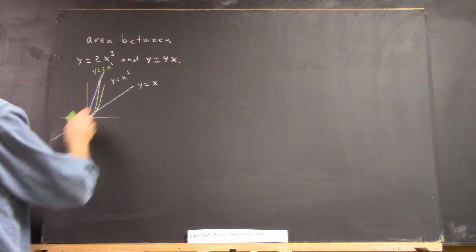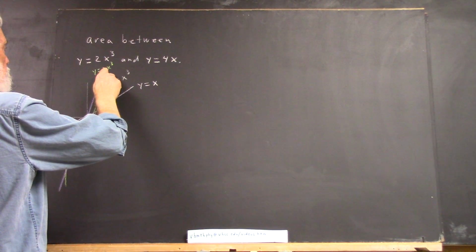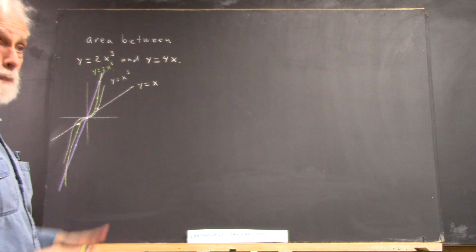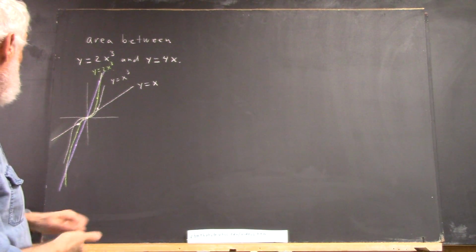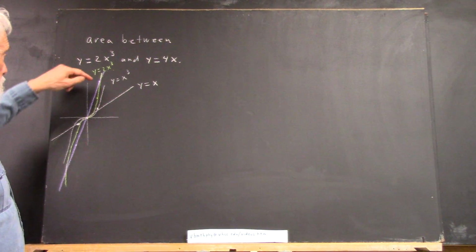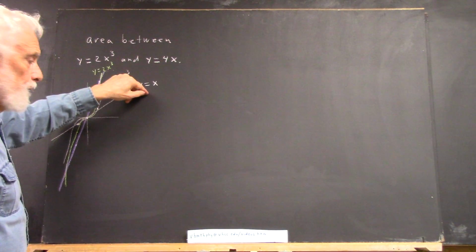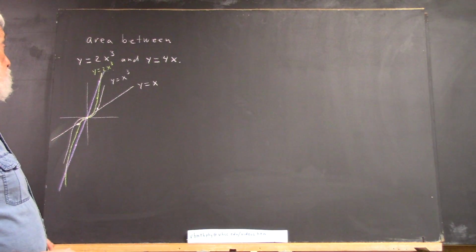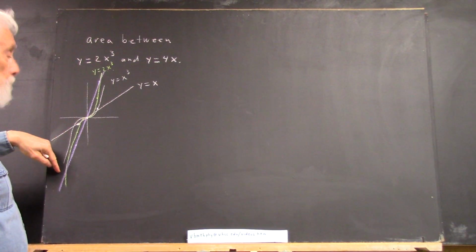And if we understand that the 2x cubed function is going to get arbitrarily steep very quickly, we understand that it's going to have to intersect the graph of this linear function. Okay? So the question is, what are the coordinates of these 2 points?